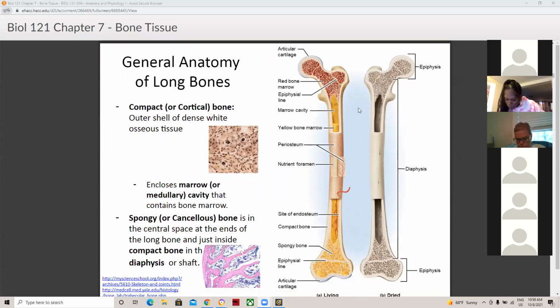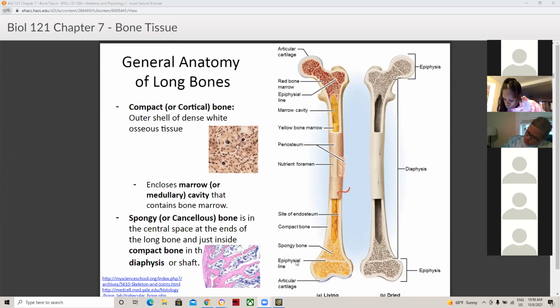So cortical or compact bone is the dense white osseous tissue that outlines the bones. It encloses the marrow cavity or the medullary cavity. We're going to learn a lot about medullary in anatomy and physiology.